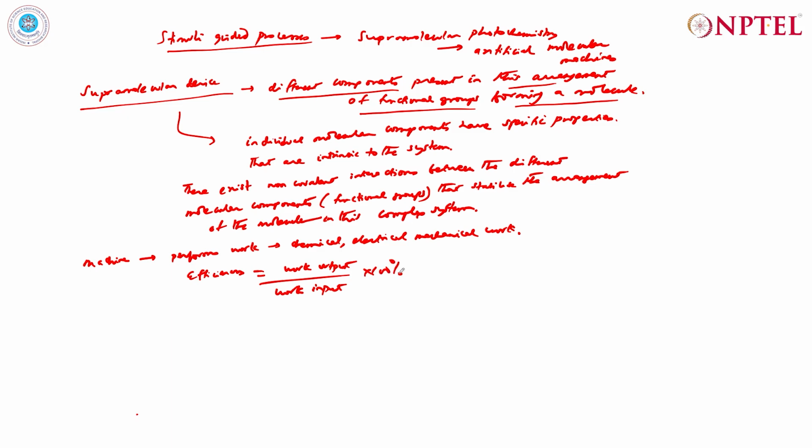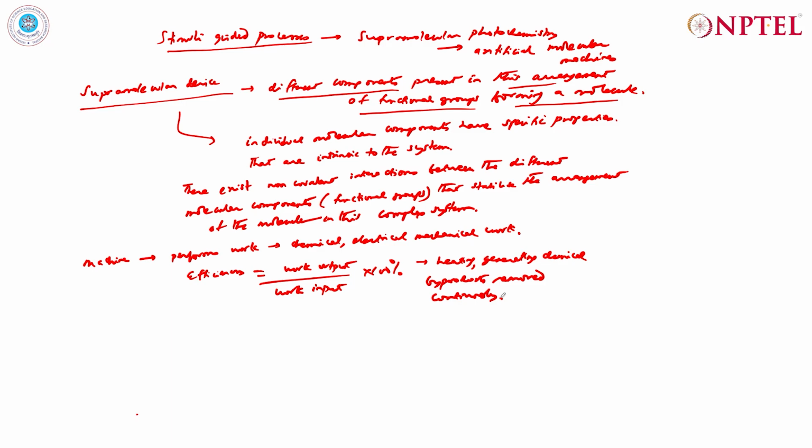And in the performance of the machine, we have to keep in mind that the waste processes have to be minimized, like heating or generating chemical byproducts, which have to be removed continuously. So heating and generation of chemical products or byproducts during the operation of machines can actually reduce the efficiency of the machine.